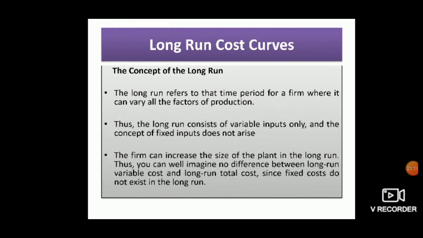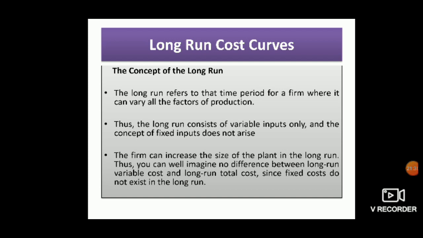Now I am going to explain the long run cost curve. Long run means the time period during which all the factors of production are variable. A firm can change its level of production as well as the scale of production during this period.